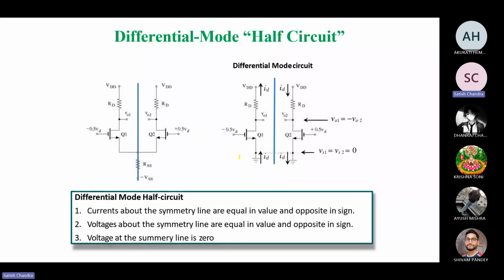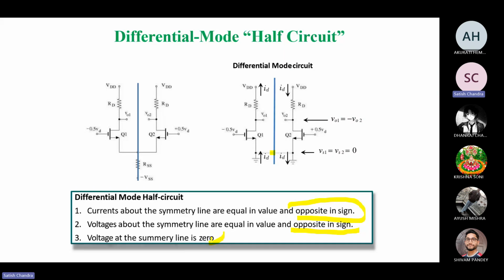Whereas for a differential mode half circuit, the currents about the symmetry line are equal in value and opposite in sign, and the voltages about the symmetry line are equal in value and opposite in sign. And the voltage at the symmetry line is going to be 0. That is what basically happens in the differential mode.